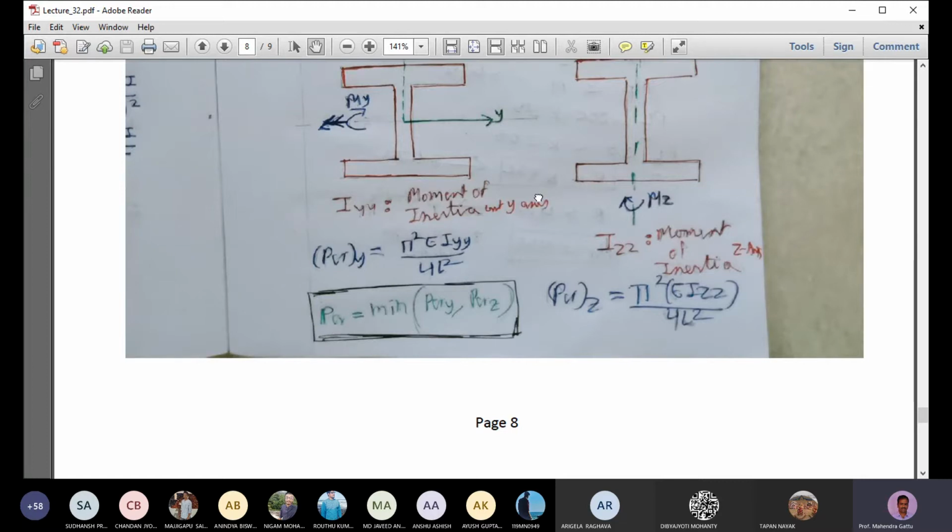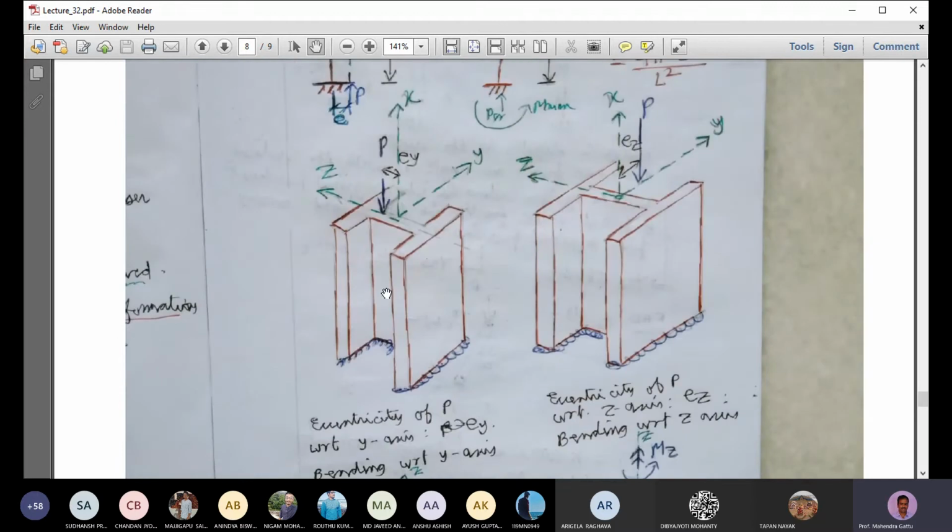So what it means is that when you are loading the column with unknown eccentricity, the column can fail by bending about the y-axis, or it can fail by bending about the z-axis. In one case it will rotate away from you, and in the other case this part will rotate in this fashion, along the y, and this part will rotate towards z.